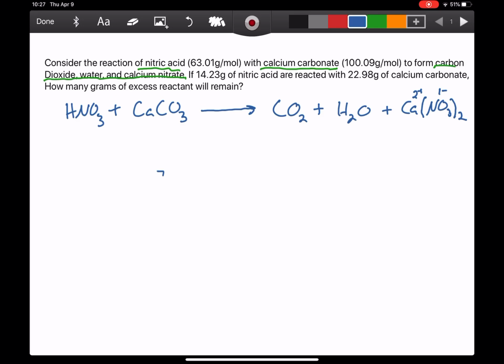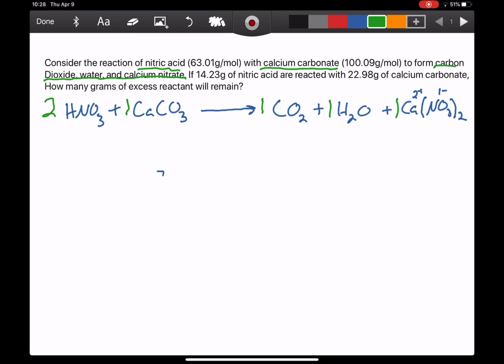I have other videos where I show the algebraic method for balancing chemical reactions, but for this chemical reaction, the balancing is going to be 2, 1, 1, 1, and 1. So it's not particularly difficult.